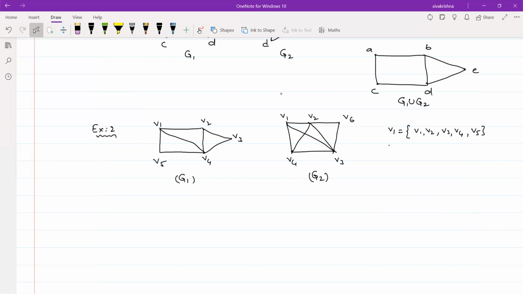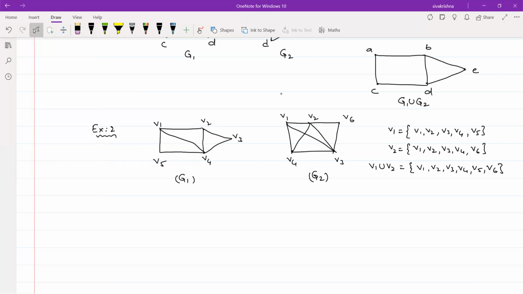In graph G2 we are having the vertices V1, V2, V3, V4 and V6. To find V1 union V2, we have to combine both the sets so that we get V1, V2, V3, V4, V5, V6.